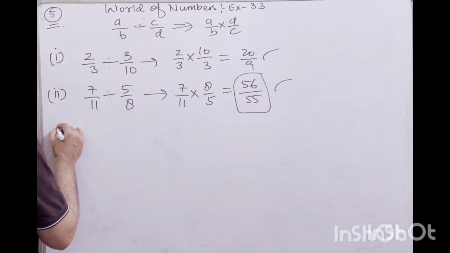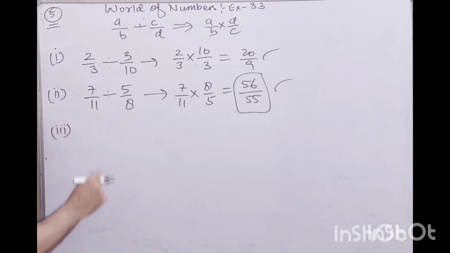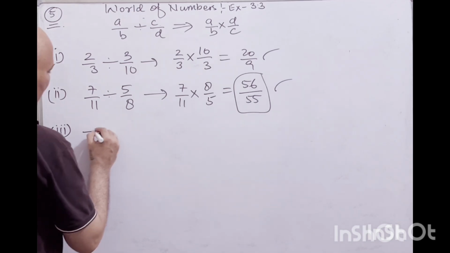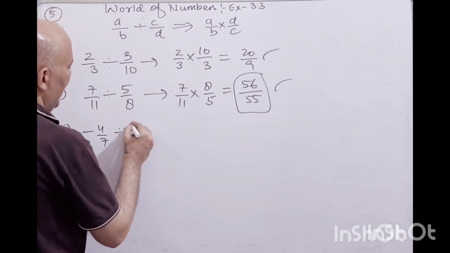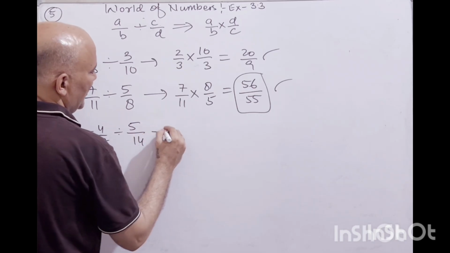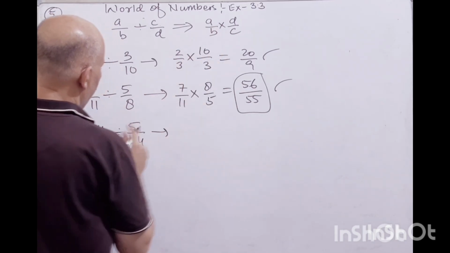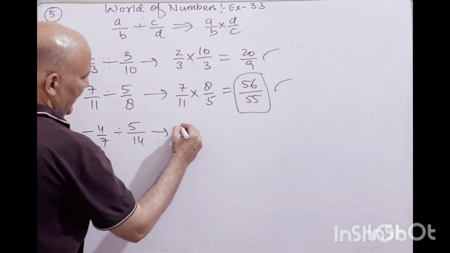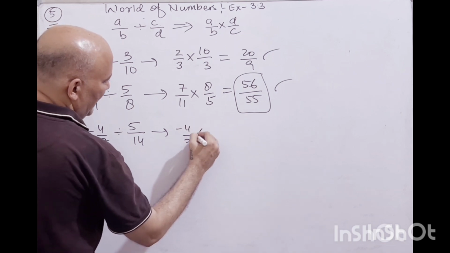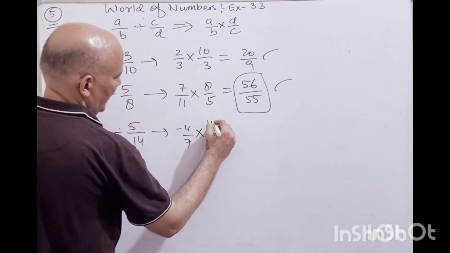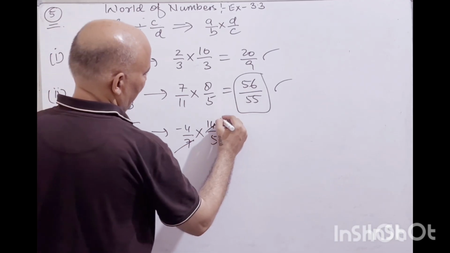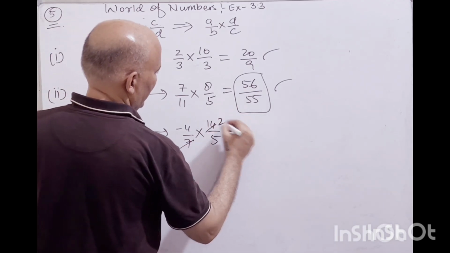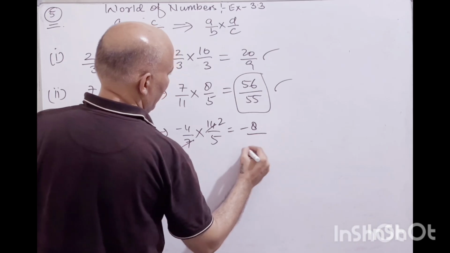Then the third part of question number 5: minus 4 upon 7 divided by 5 upon 14. As per the condition, the first remains the same, minus 4 upon 7 multiplied by 14 upon 5, since they change places. We can solve it here: 7 cancels with 14, giving 2, so minus 4 multiplied by 2 is minus 8, upon 5.